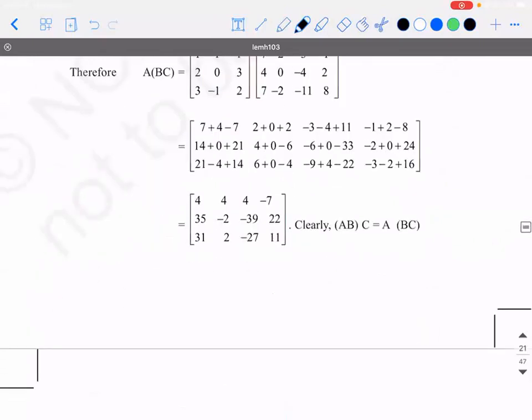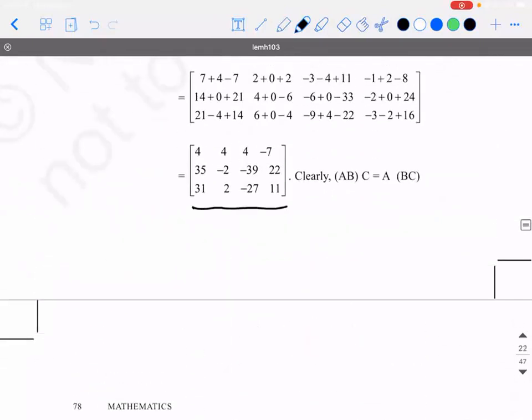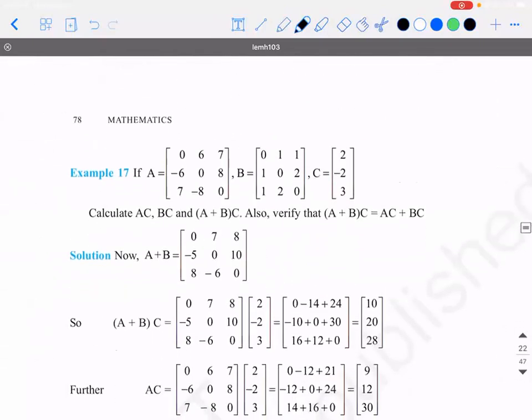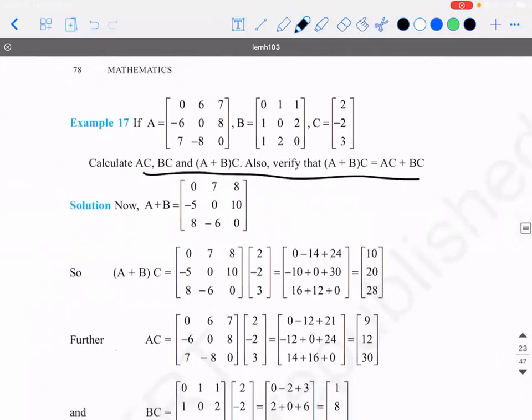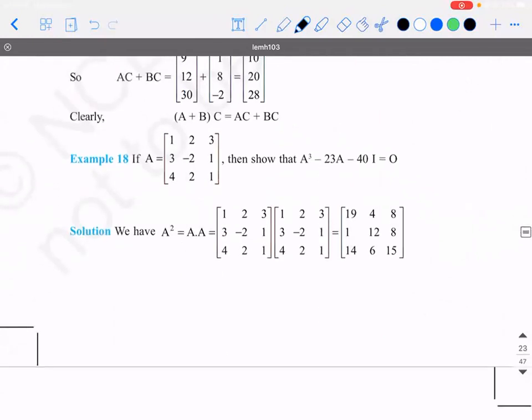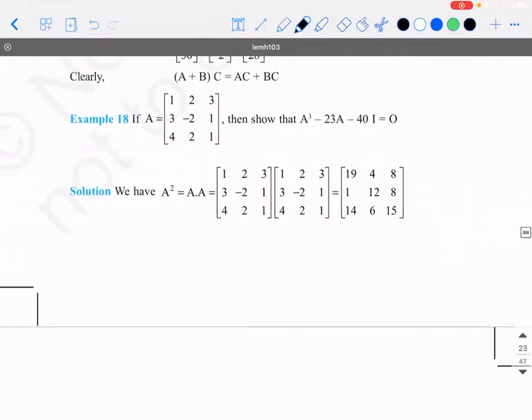Yes, sir. Okay, so this is the answer I was asking. All these are just to verify those properties. You can try them out. This problem alone will do it.